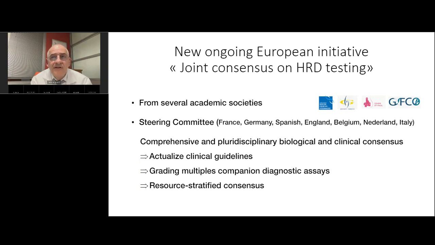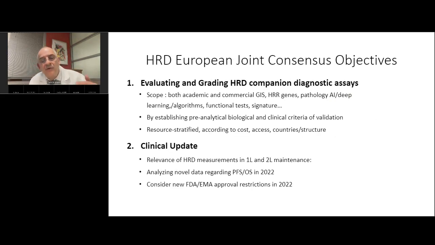And the thing is, not only do we have to actualize clinical guidelines, but we have to grade all these multiple companion diagnostic assays available. And also we have to take into account the resources of the country or of the structure, because some tests are very expensive. We aim to first evaluate and grade HRD companion assays for all solutions available.